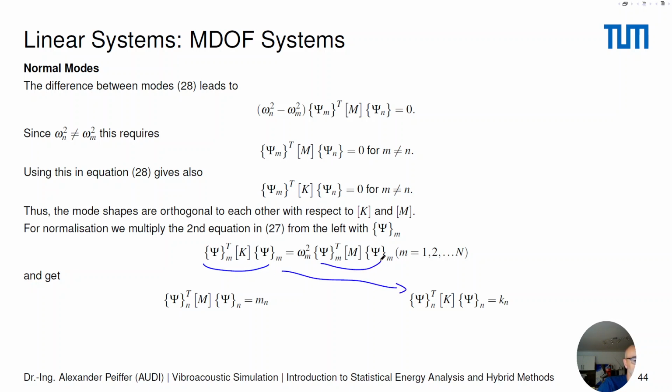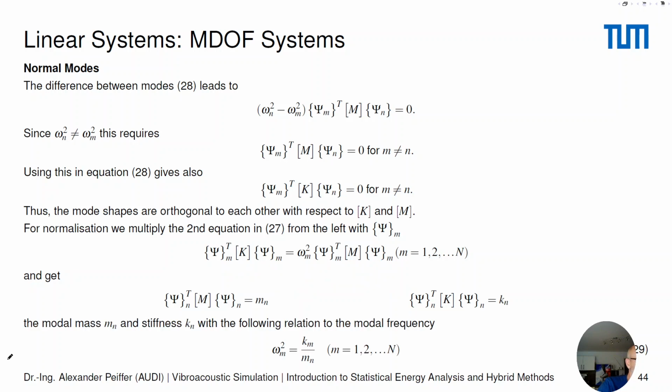And this part here is the modal mass. So just using the mode shapes and the matrices in the middle, we get expressions which are denoted by modal mass and modal spring, because you can consider this as a kind of transformation, and this gives us exactly this.